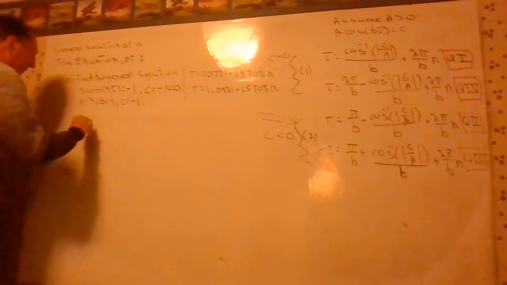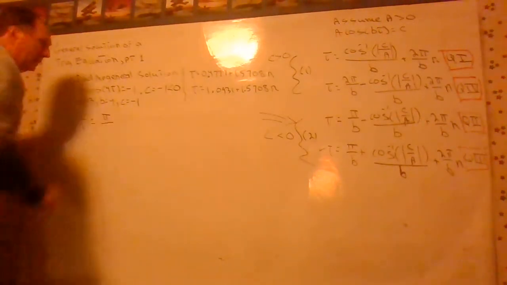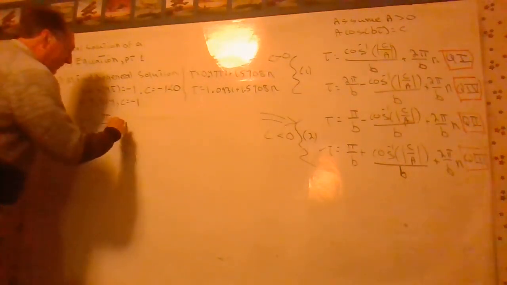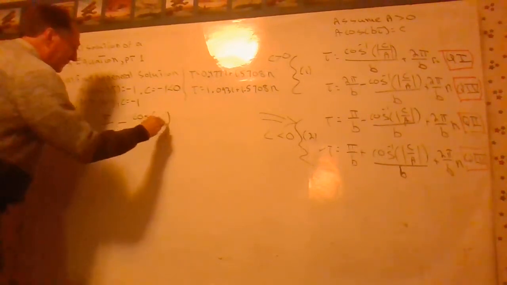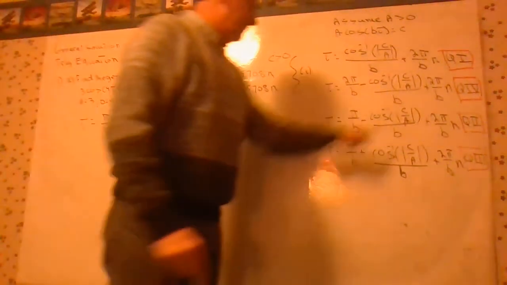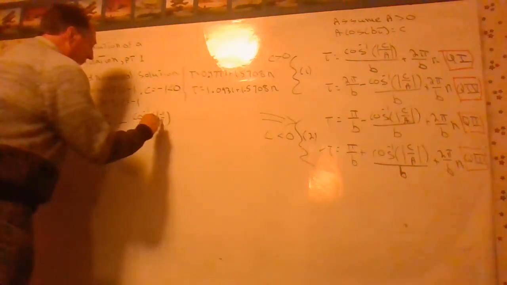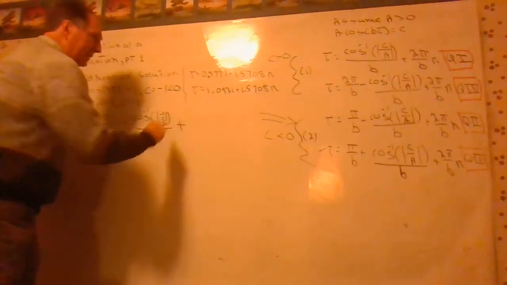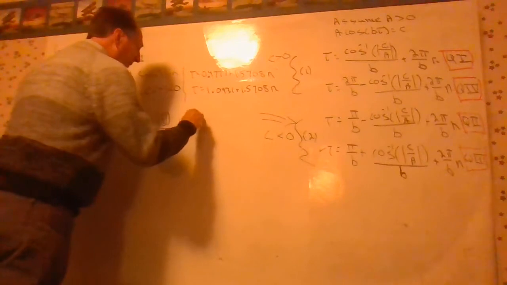And so we have t equals pi divided by b, which is 4, and then minus inverse cosine of the absolute value of c over a, negative 1/3, divided by 4, plus 2 pi over 4n.